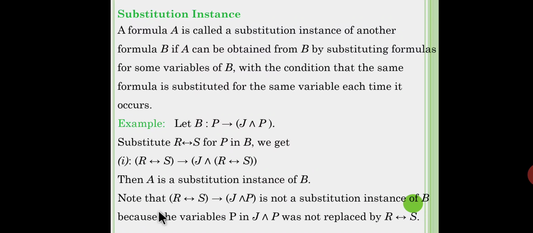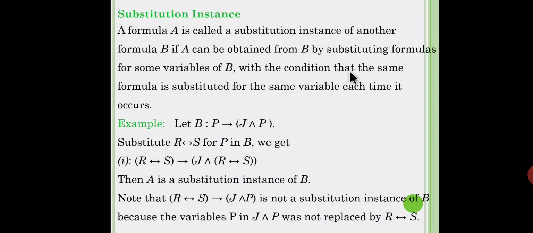Okay. So note that (R implies S) implies J and P is not a substitution instance of B, because in this formula P is not replaced by the condition. So this is not a substitution instance.